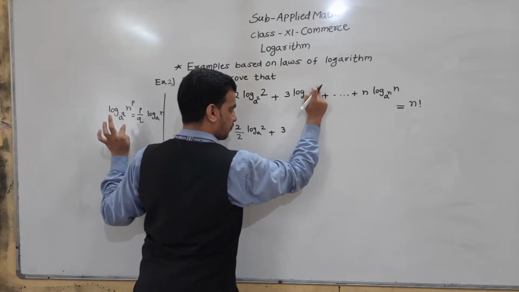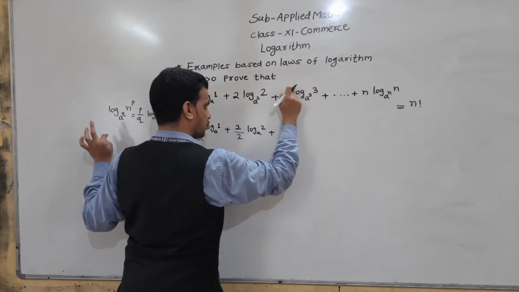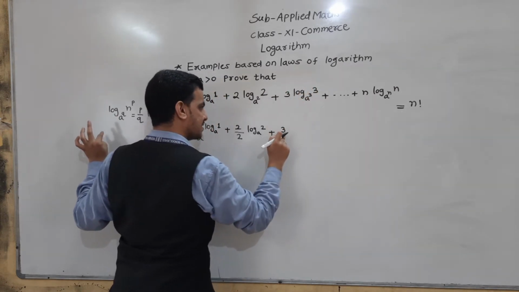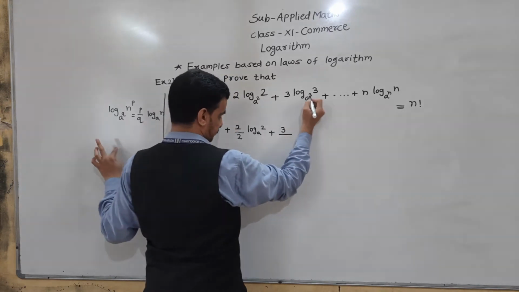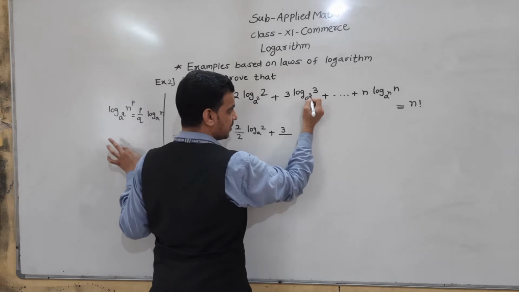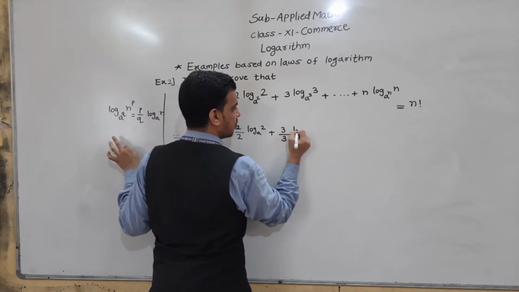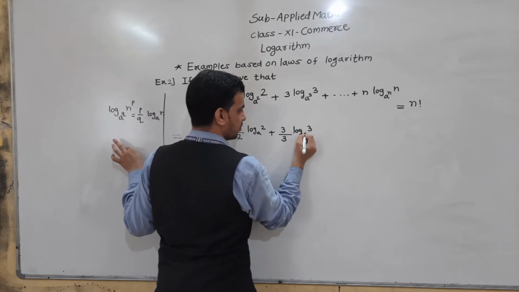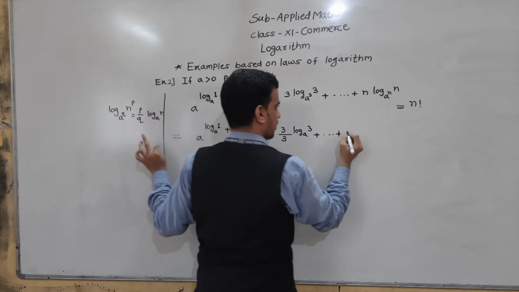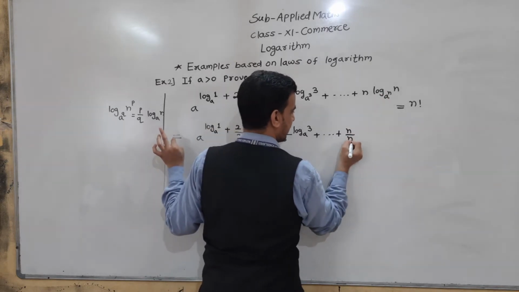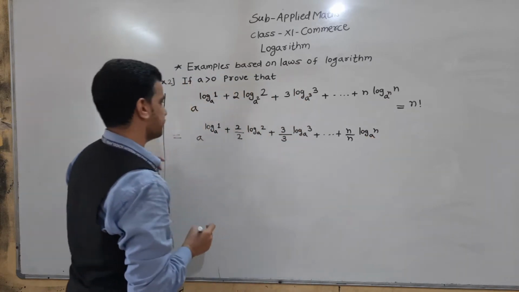Here the power of the argument is 1, so this 3 remains as it is, divided by the power of the base, that is 3, in the denominator. So 3 by 3 log of 3 to the base a, plus and so on, plus n by n log of n to the base a.